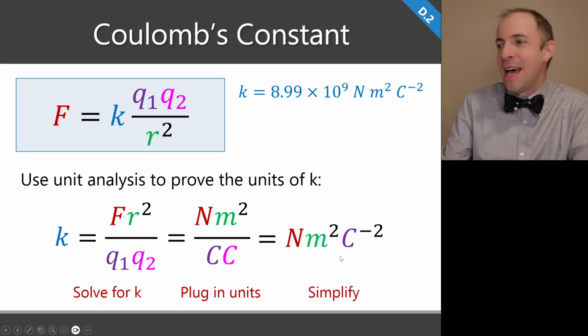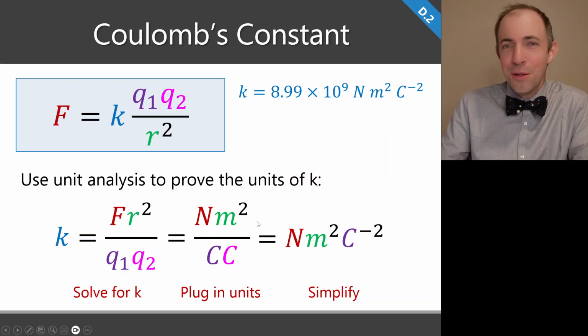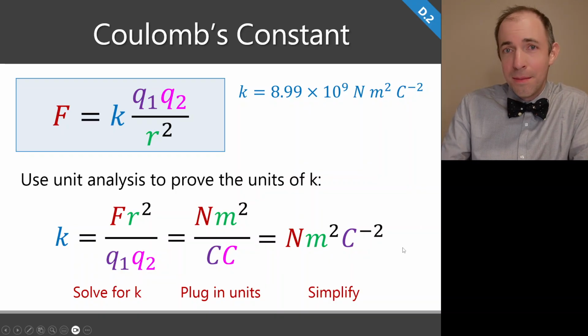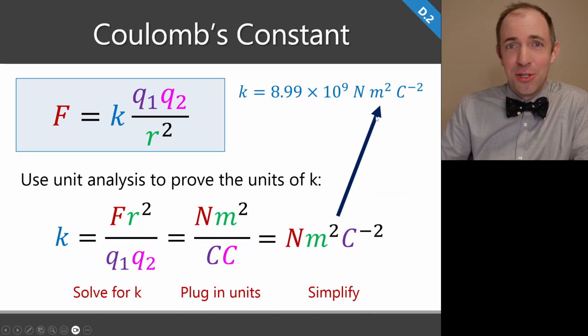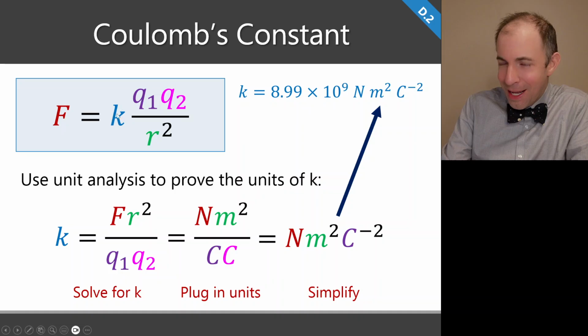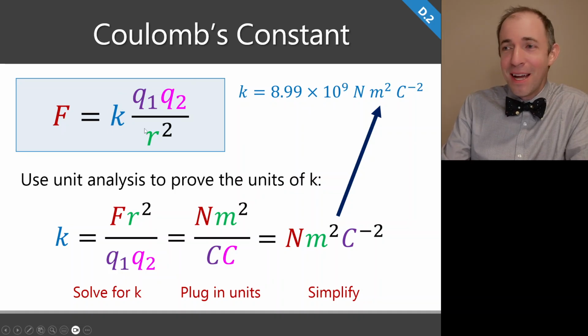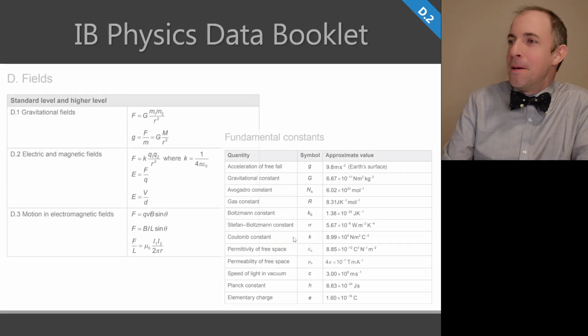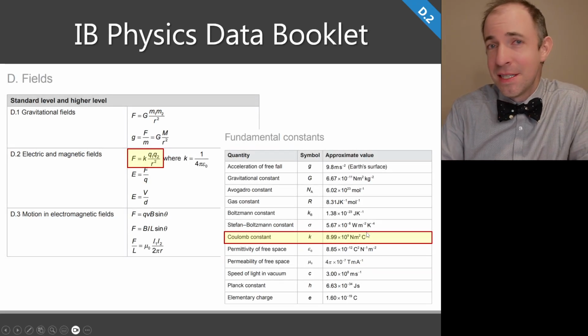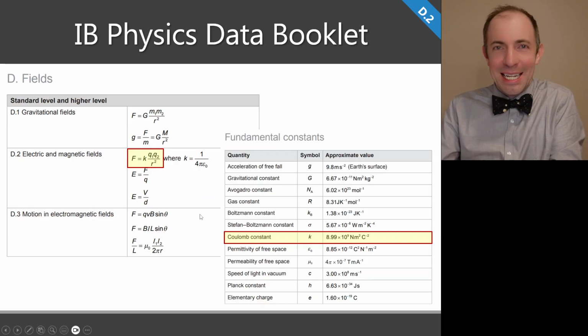I can simplify that and it turns into newtons times square meters divided by coulombs squared, or coulombs to the minus 2. That matches this unit. So that is the unit required in this constant, so that when I substitute everything onto the right, I will get newtons out to equal my force. This equation and this constant are both in the IB Physics data booklet, so you'll be able to access those things.